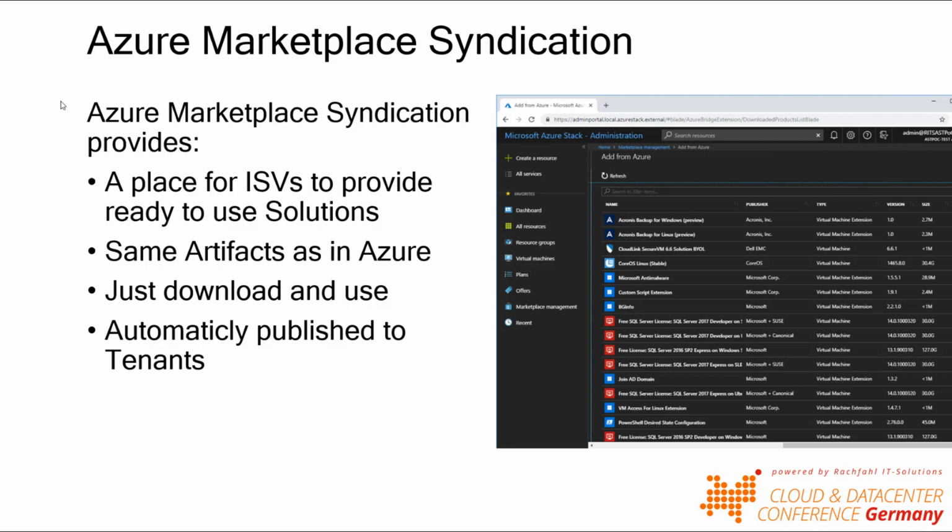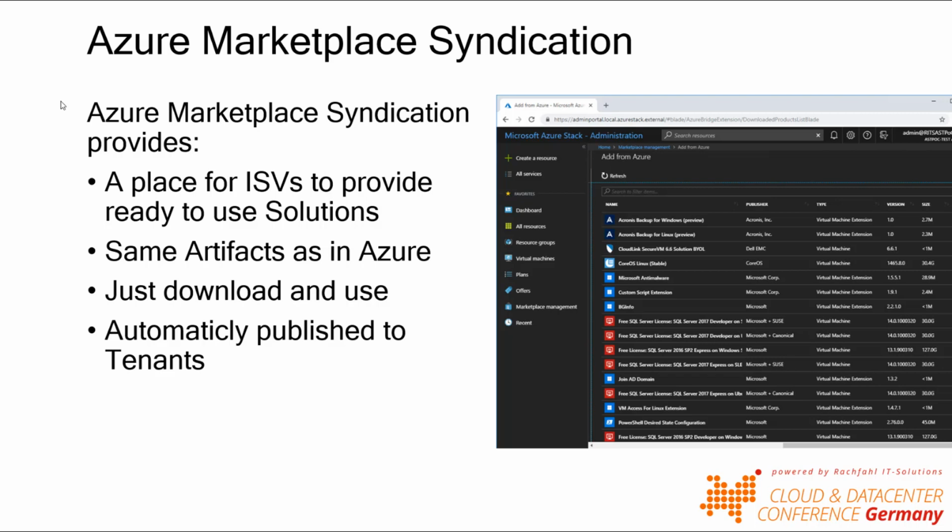So you just go to the marketplace, say, I want this Windows Server, for example, or this Ubuntu server, or this firewall appliance, and it is just deployed in your subscription. And we have the same for Azure Stack.